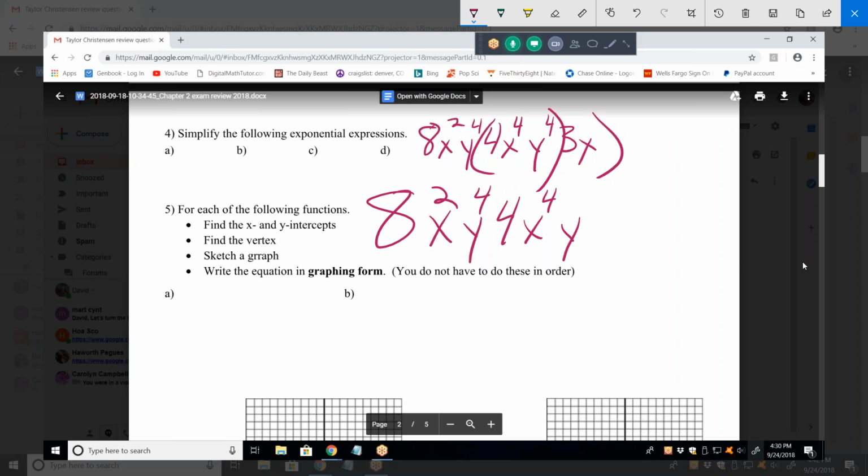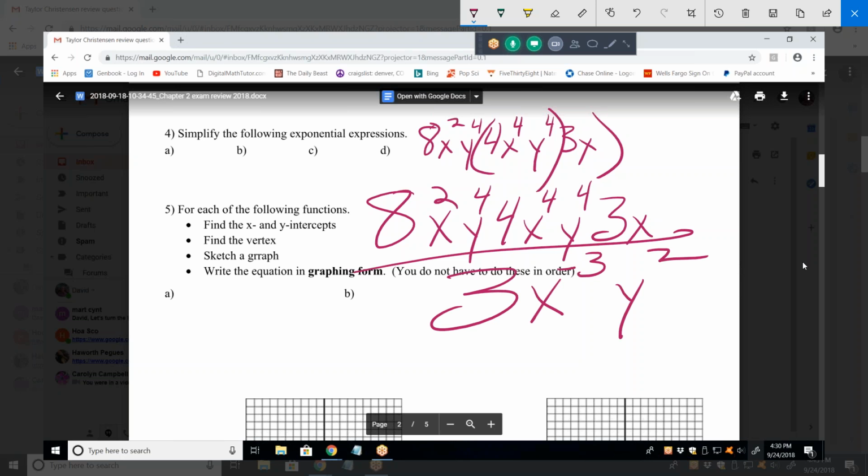Okay, so the first thing to do is just get rid of all those unnecessary parentheses. Now, start with your number, go to your next variable, go to your next variable, go to your next variable, and then number. What's 8 times 4 times 3? That's all over 3x to the negative 3rd and then y to the 2nd.